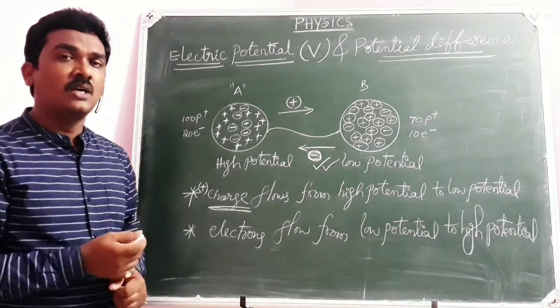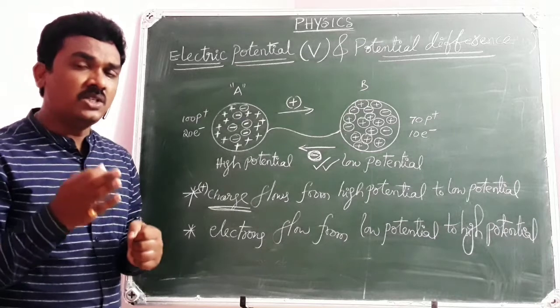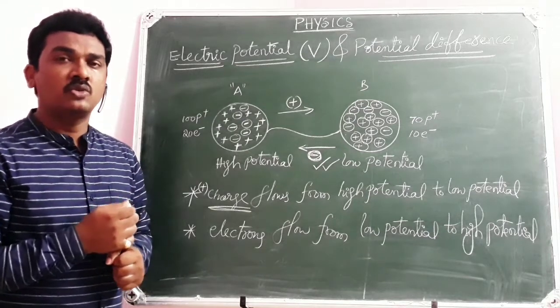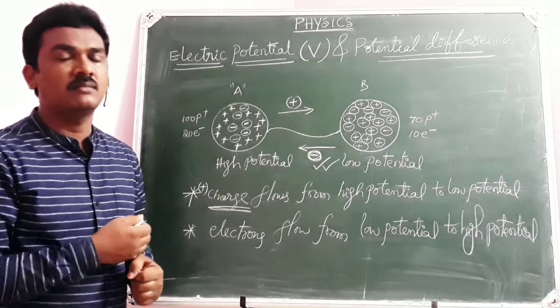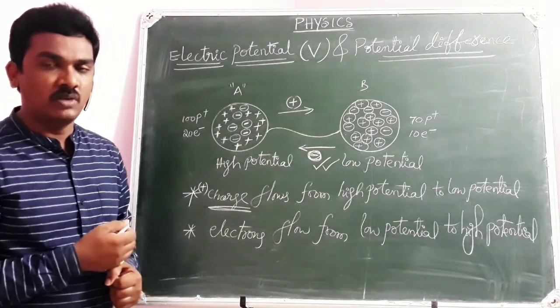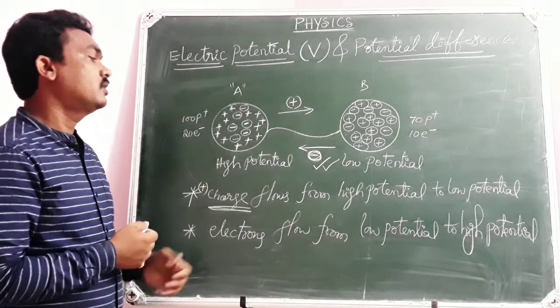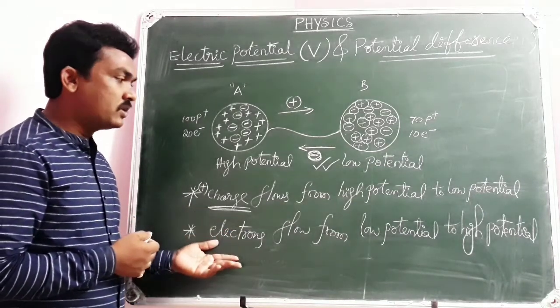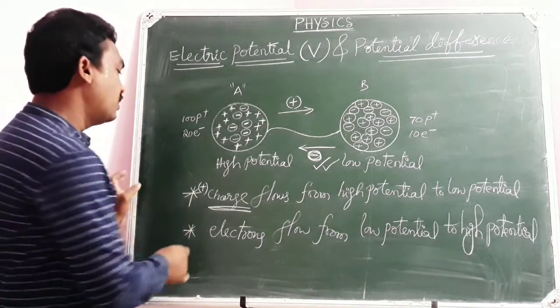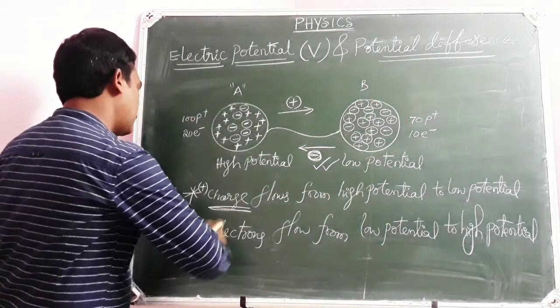So our next class is about how we can maintain some potential difference between the two points, so that in what way we can cause some electric current. This is what we are going to discuss in the coming classes. So it's all about charge flowing from high potential to low potential, and electrons flowing from low potential to high potential, which practically happens.